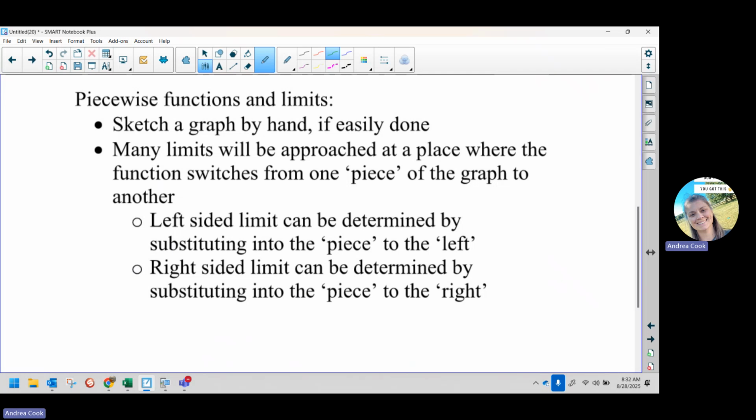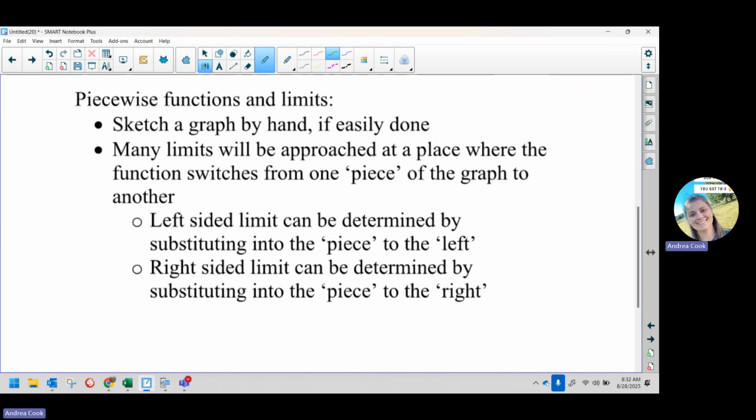So many limits will be approached at the place where the function switches from one piece to the other. So usually if they give you a piecewise function and ask for the limit, where that little inequality sign breaks is where the limit is going to approach.